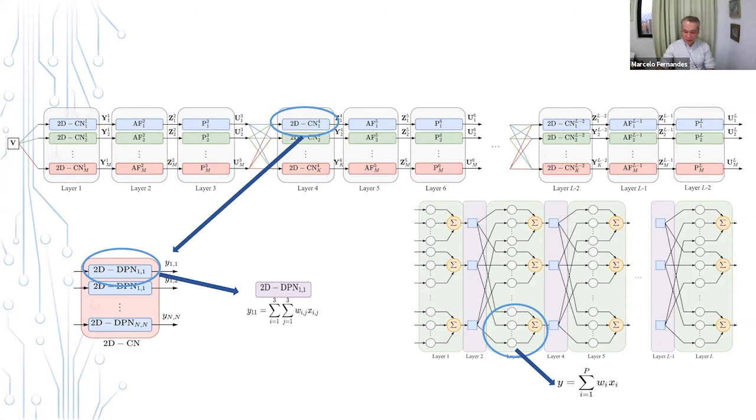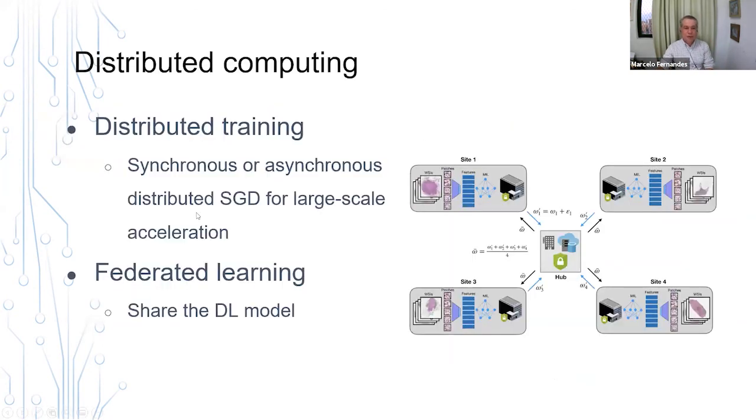We can use distributed training, for example, where each layer or each part stays in several nodes, on the edge or on the cloud, and you can distribute all the information.